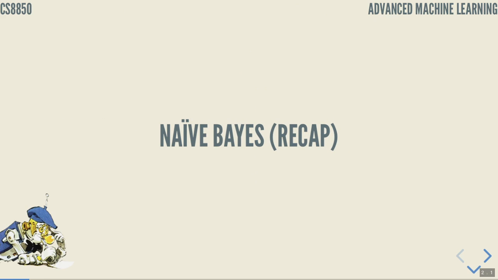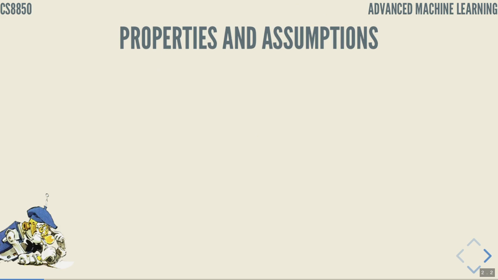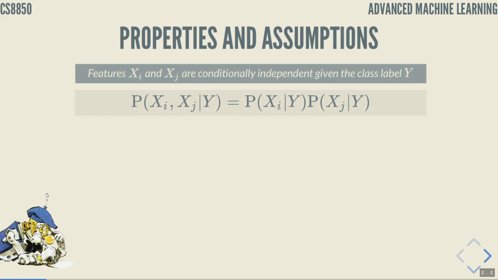As you remember, naive Bayes comes with the following assumptions that drag in the following properties. The assumptions are the following. Features xi and xj are conditionally independent given the class label y.